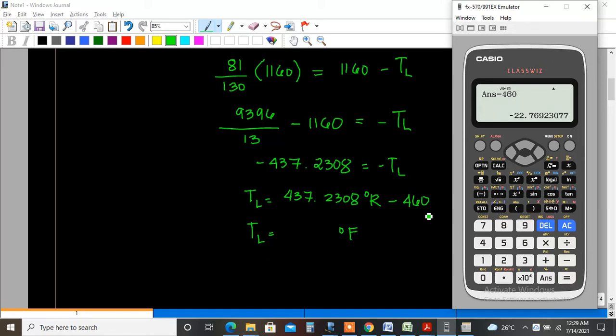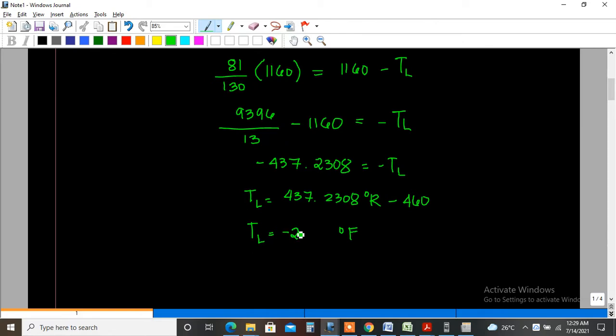So that is equal to negative 22.77 degrees Fahrenheit. So this will be our final answer. This will be the temperature of the cold reservoir.